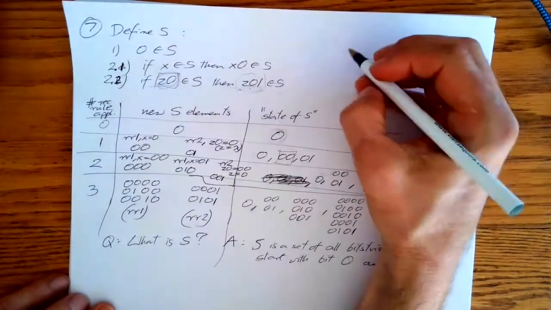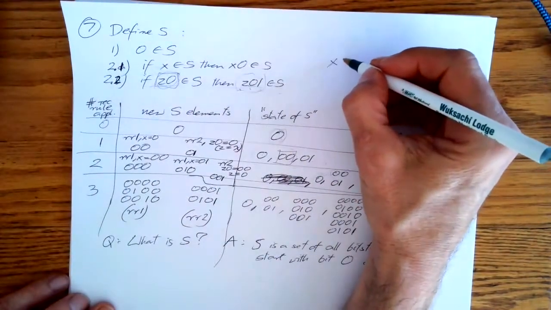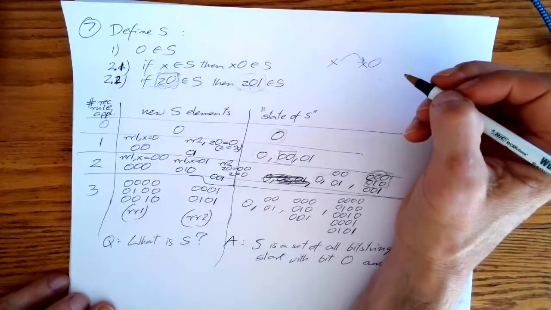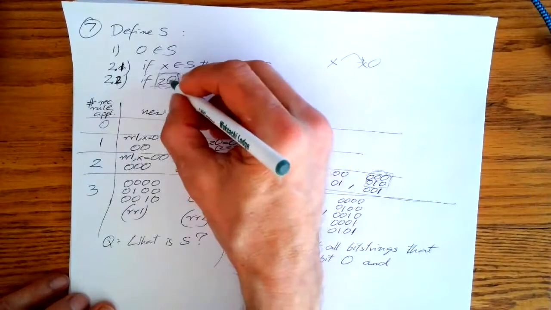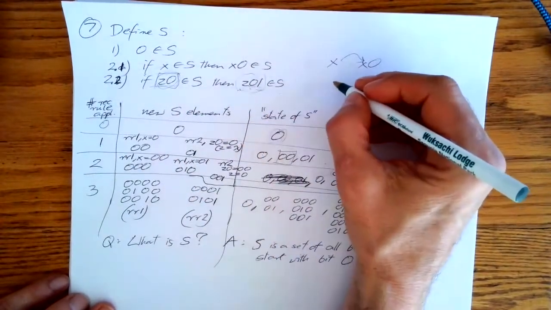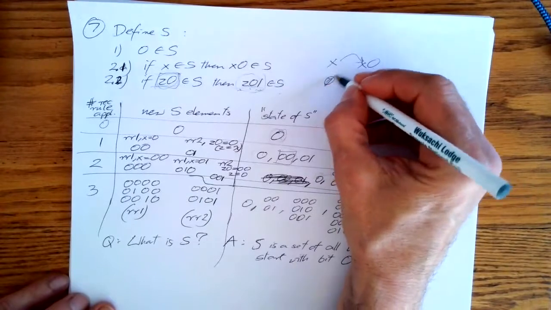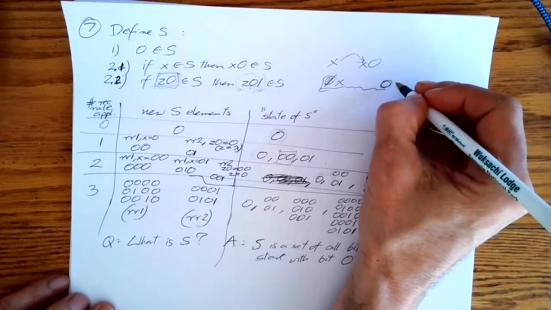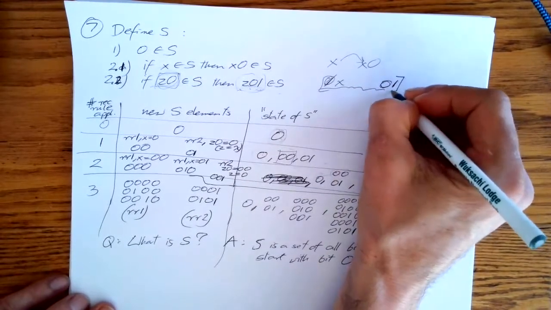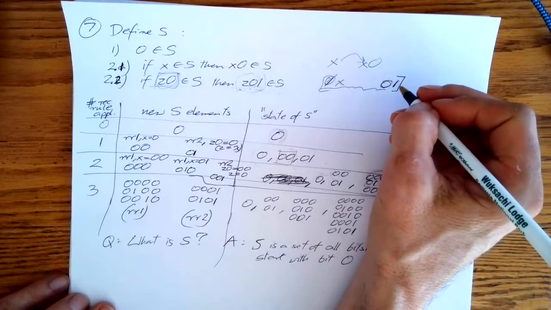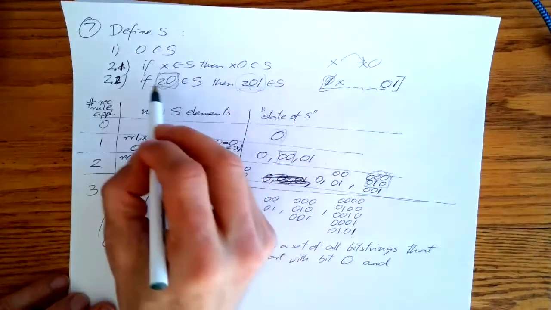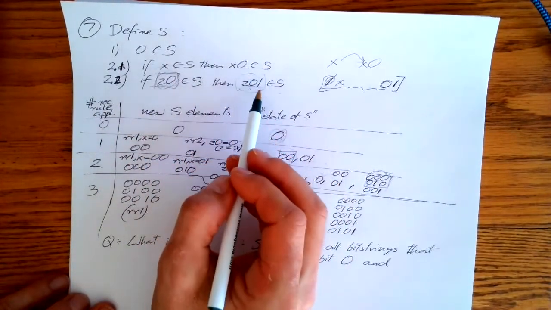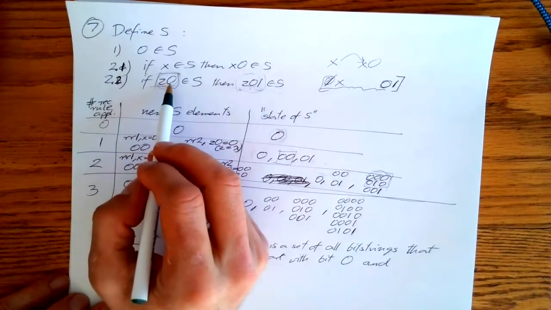Think of what this basically does. Whenever you have an x, you can always add a 0 to it, but you cannot always add a 1. You only add a 1 if the string had the form that it ended with a 0. Then you can add a 1. No other way. So what this says is that zeros can occur freely, but for a 1 to occur, it has to be preceded by a 0.